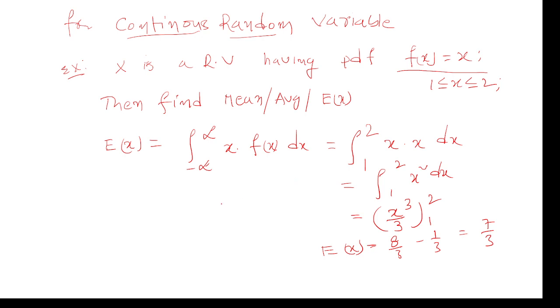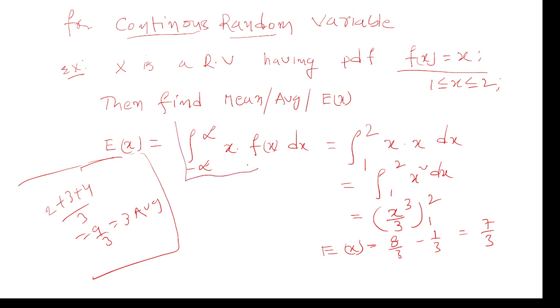We know that in real numbers we can calculate the mean of 2, 3, 4 as 2 plus 3 plus 4 by 3, equal to 9 by 3, equal to 3, the average. This is how we calculate in real numbers, but in random variables this is the process they follow to calculate the mean.